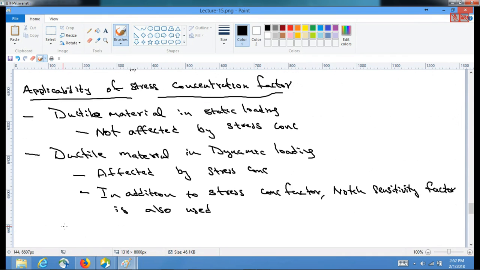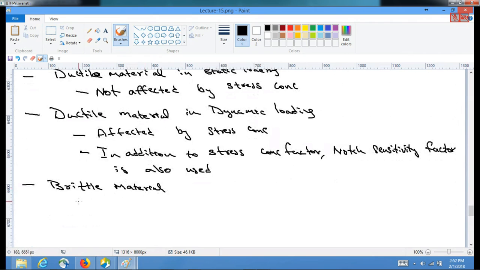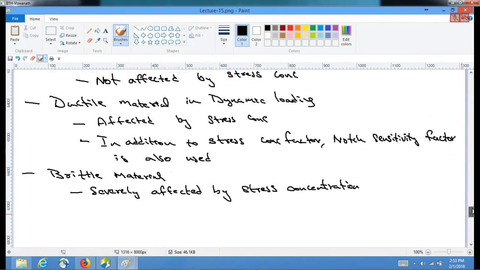And if it is brittle material, no matter whether it is static or dynamic, it is always affected severely. So these are the scenarios.